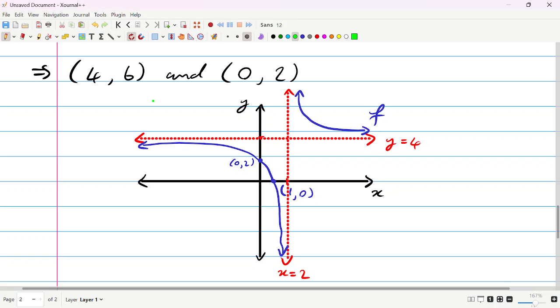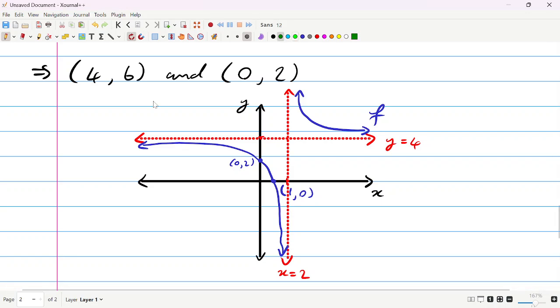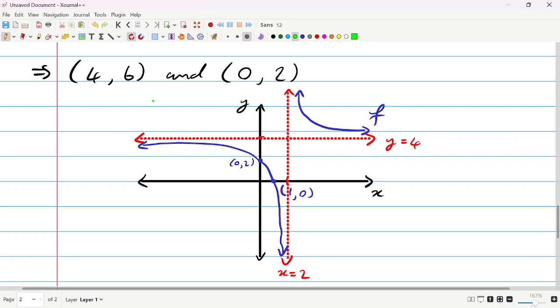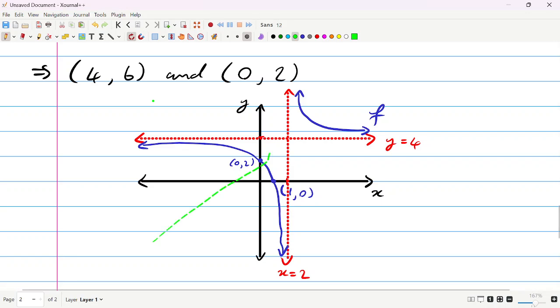Okay, sorry. So the axis of symmetry is going to be y equals x plus 2, meaning that our 2 is our y-intercept, and it's just a normal gradient. So it's going to look something like this. And I forgot to do the line. Okay, here we go. So it looks something like this.